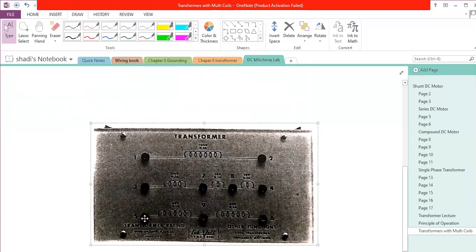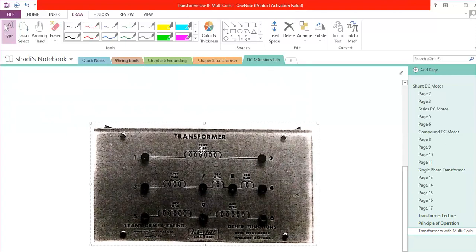I can take terminal 5 to terminal 6, where terminal 9 will not be used, so you are taking the two coils together. Between terminal 3 and terminal 4, we have 3 to 7, or 7 to 8, or 8 to 4. You can choose which coils you will use in your connection.